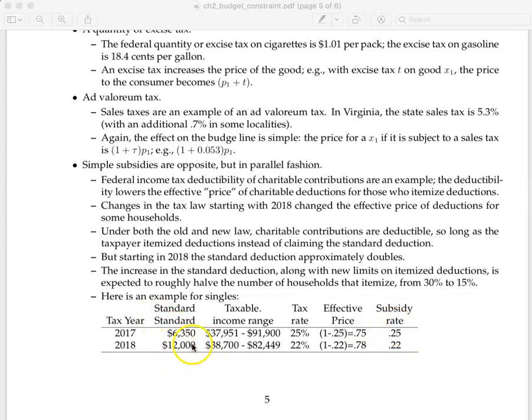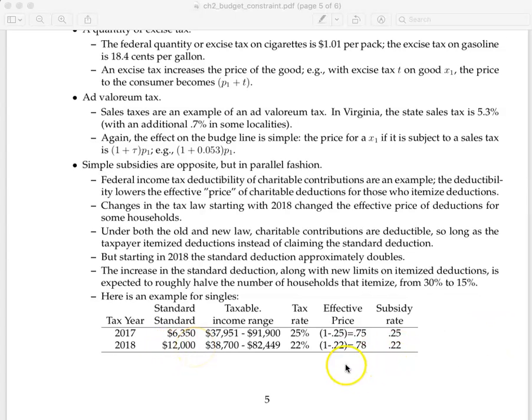But when the standard deduction went to $12,000, with the amount of itemized deductions being the same in both years, now this person who had, I don't know, $8,000, $9,000 in itemized deductions now takes the standard deduction.